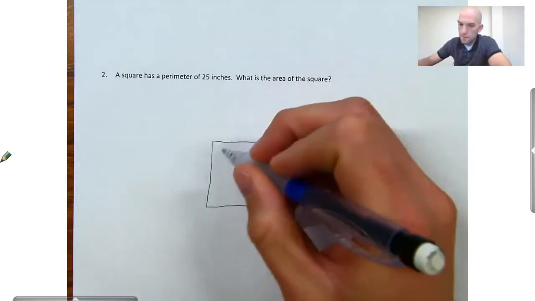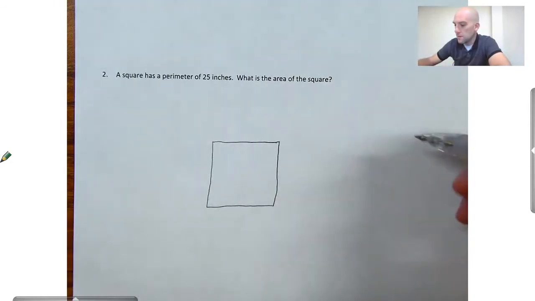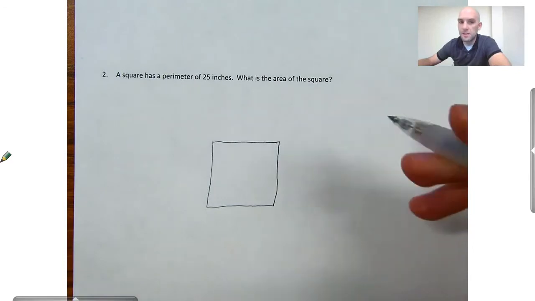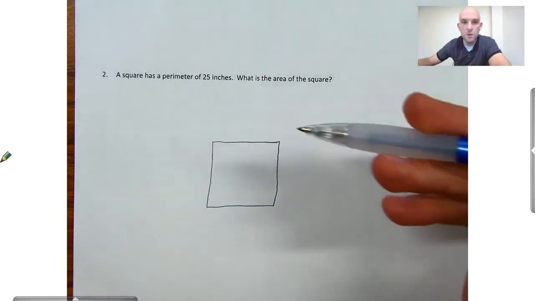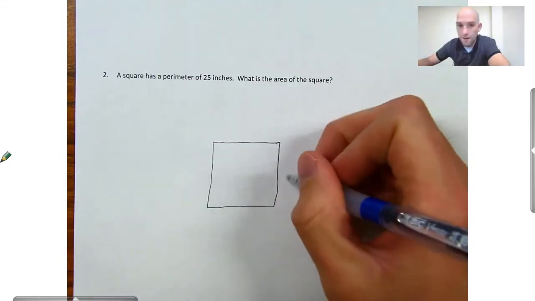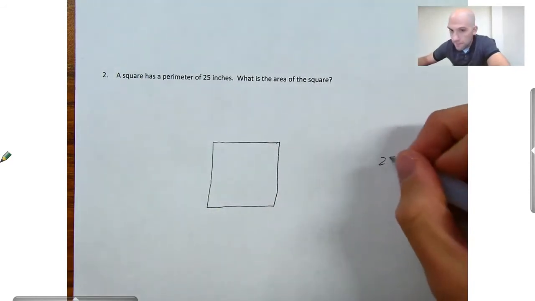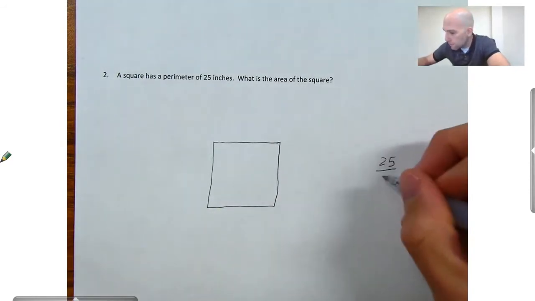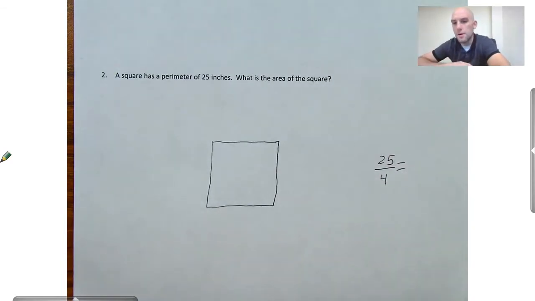And if the perimeter all the way around this square is 25 inches, what I know about a square is that all the sides are going to be the same length. So if I can divide that 25 by 4, I'll get my side length. So each one of these sides is 25/4. Now 25/4, I'm going to turn into a mixed number.